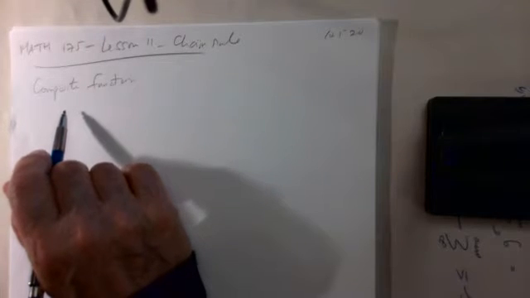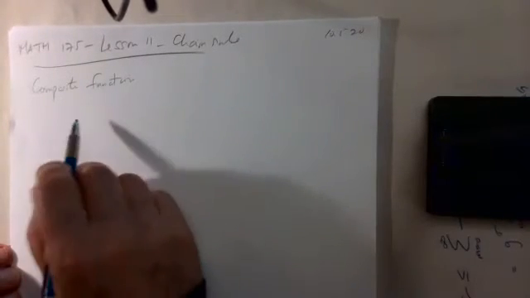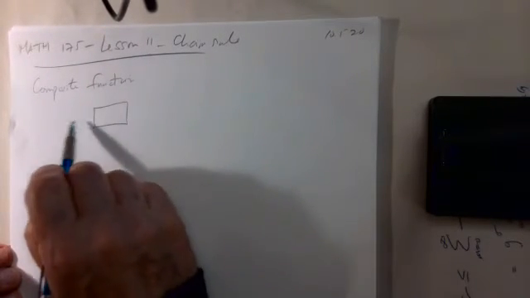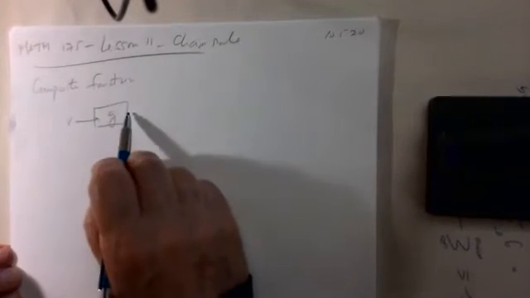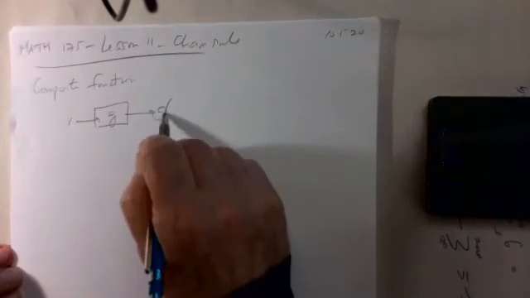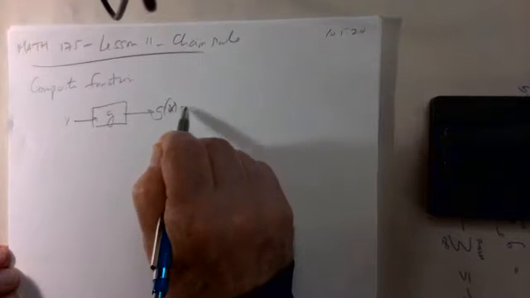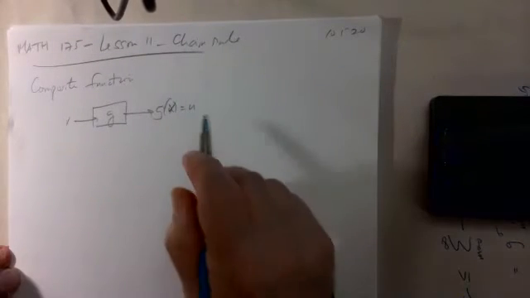So a composite function is when you have two functions and you apply one and then you apply the other. So imagine you have some function g and you put in a number x, and out comes a number g of x, which we might call u.